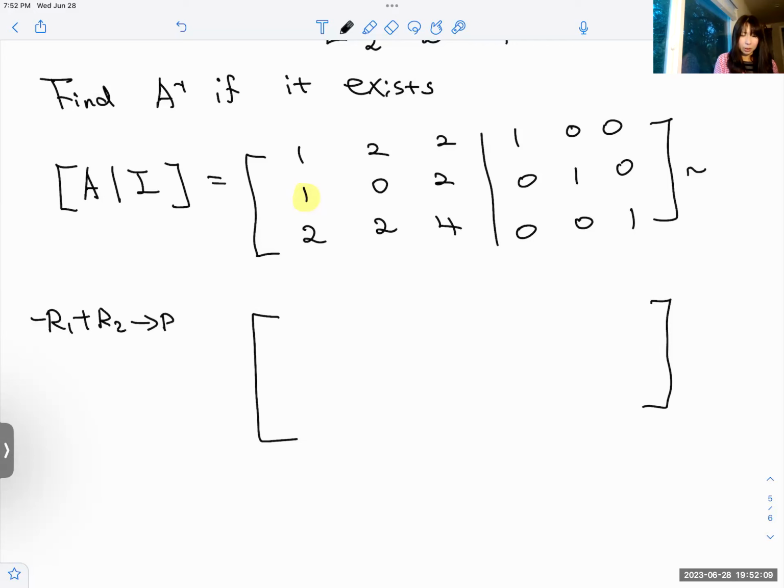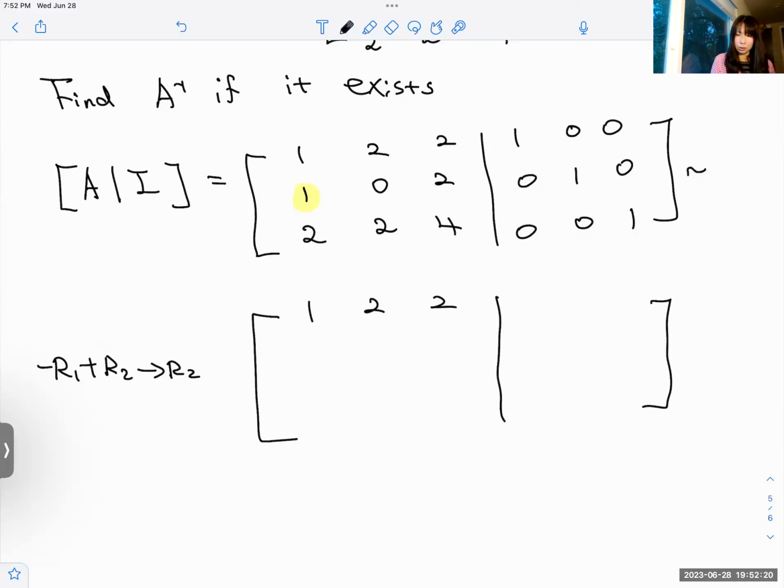R2 minus R1, right? So 1, 1, 2, 2, 1, 0, 0, and 0, -2, 0, -1, 1, 0.